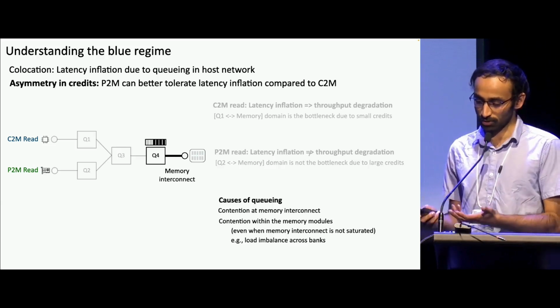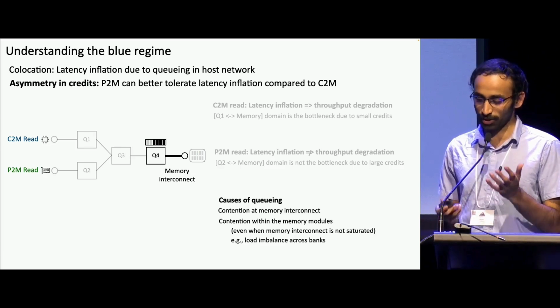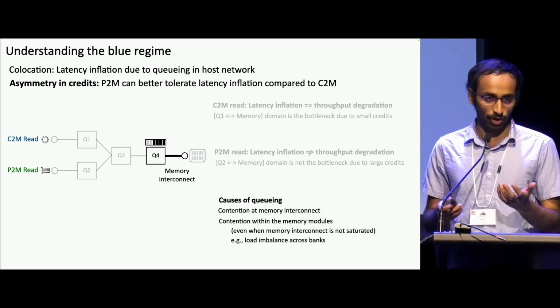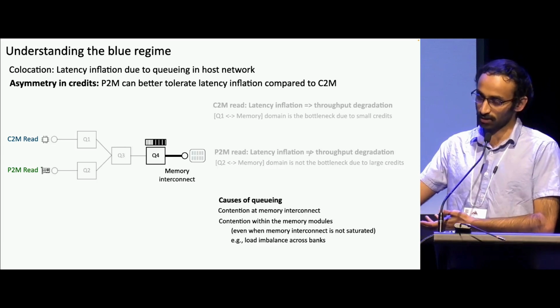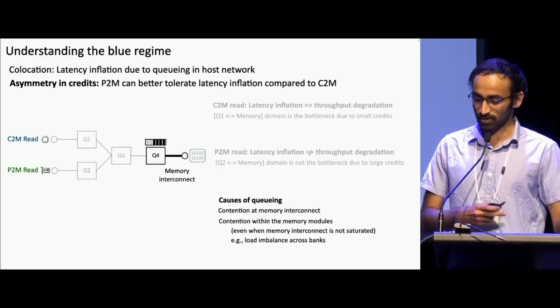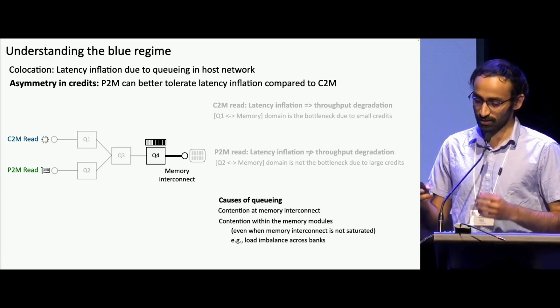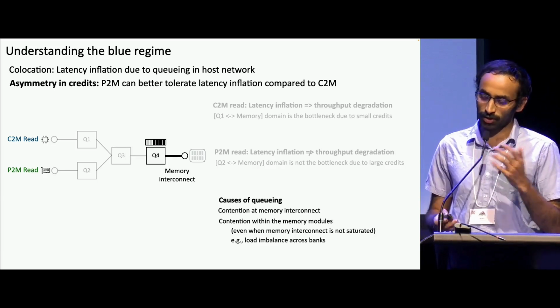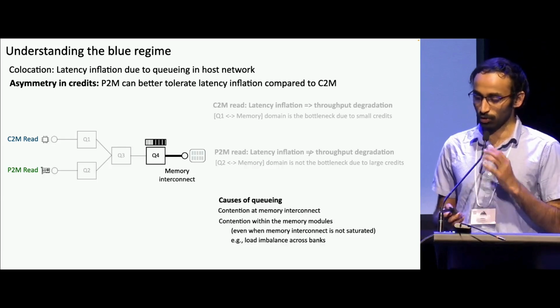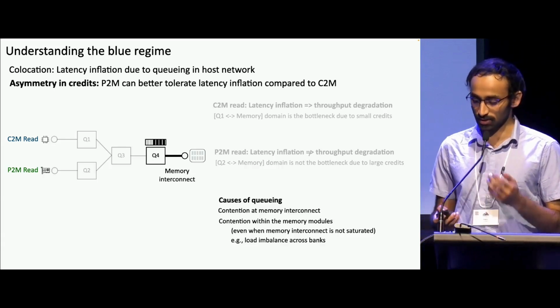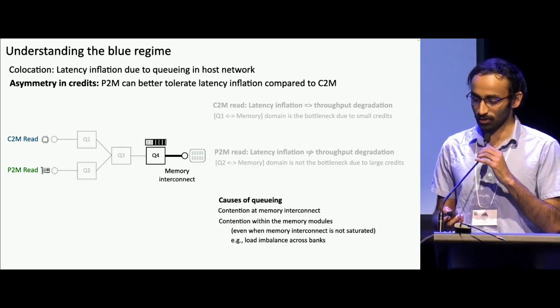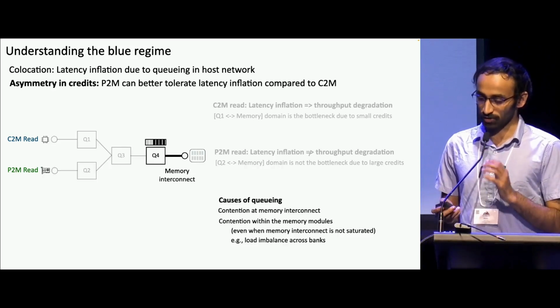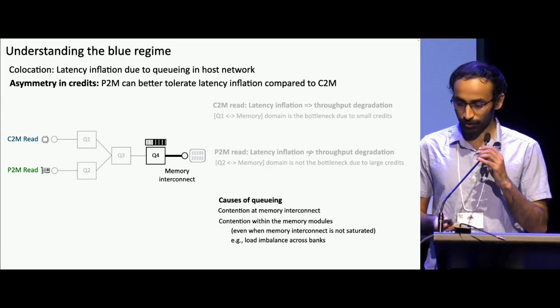The paper talks about this in a lot more detail, but to give you some intuition, each memory module internally has multiple banks, and requests from different senders are hashed onto these banks using a static hash function. So you can easily end up in scenarios where you have load imbalance across these banks, which results in inefficiencies that can cause queuing even when there's ample bandwidth.